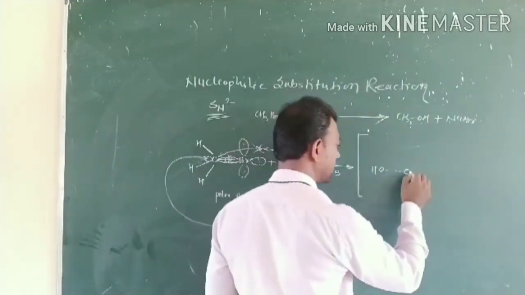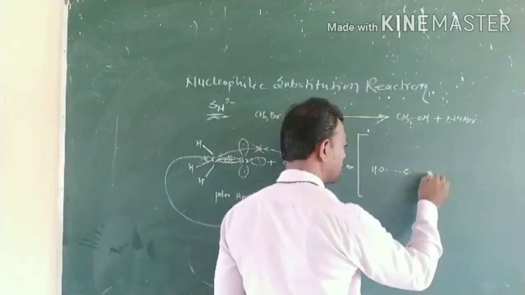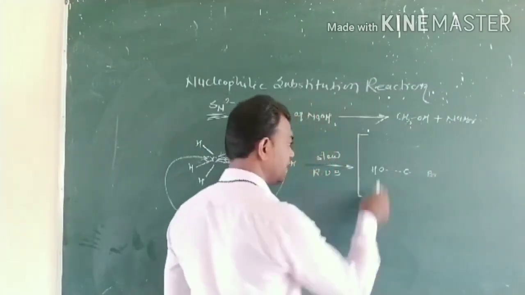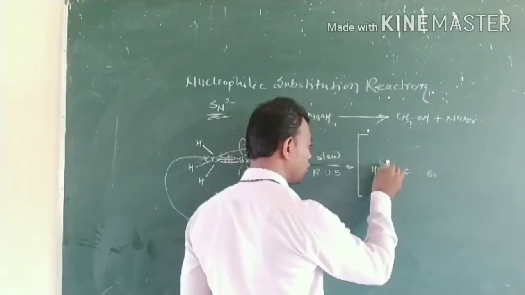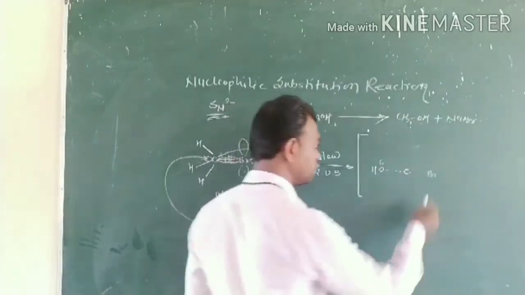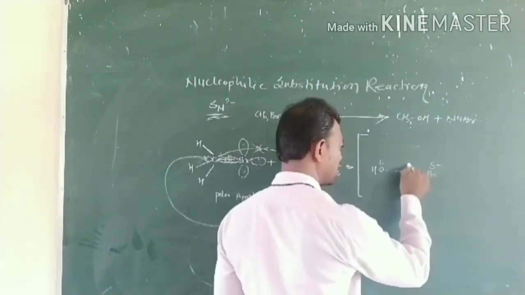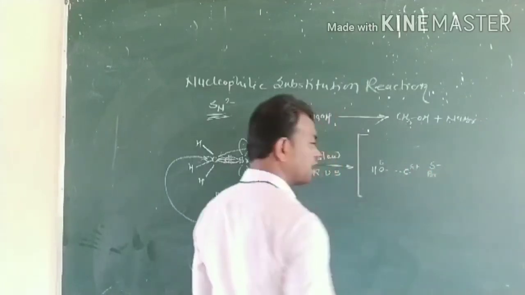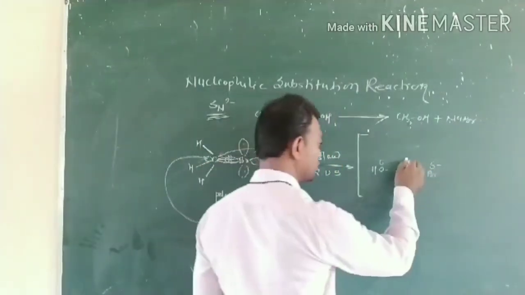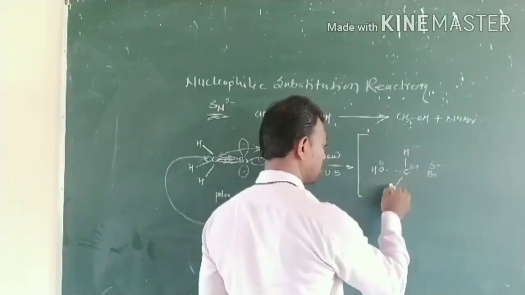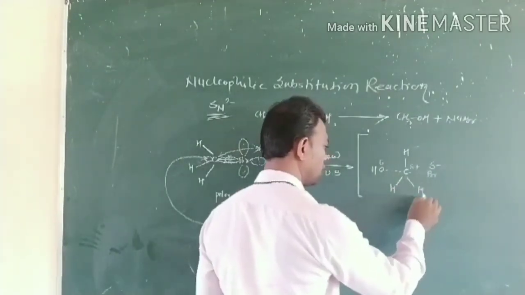At the same time, the bond between carbon and bromine starts to break. That means OH negative, hydroxyl acquires delta negative charge, bromine atom acquires delta negative charge, and carbon atom acquires delta positive charge. Here one hydrogen, here hydrogen, and here also hydrogen.